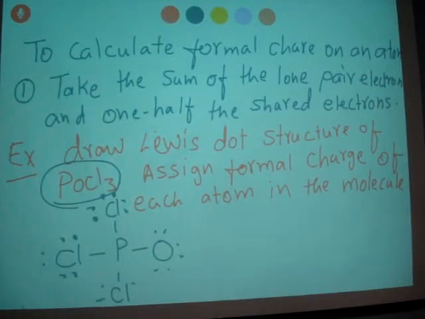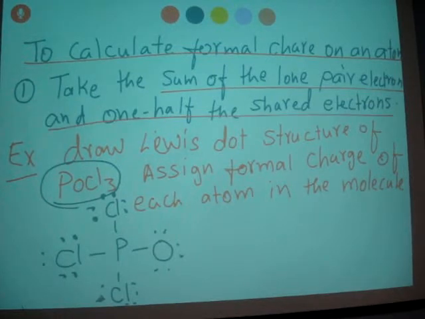Each chlorine and oxygen has 6 dots around it, and 1 shared pair. Now according to this step, first the sum of the lone pair electrons and 1/2 of the shared electrons.